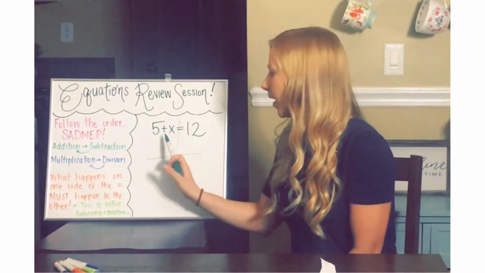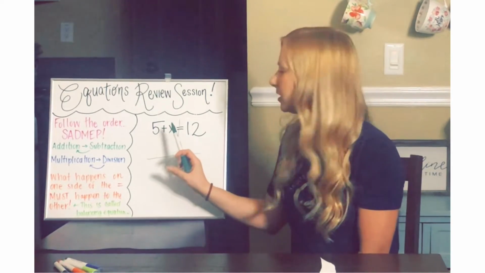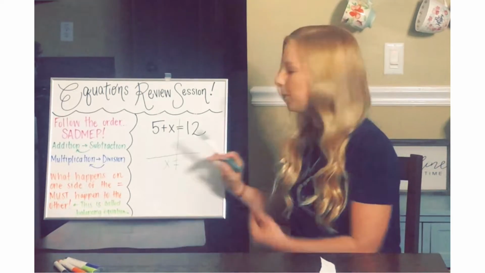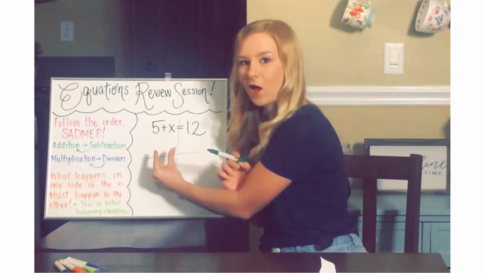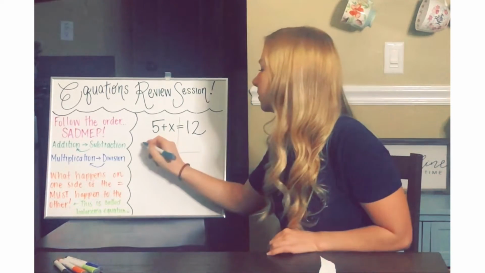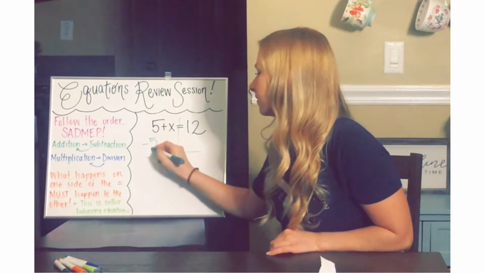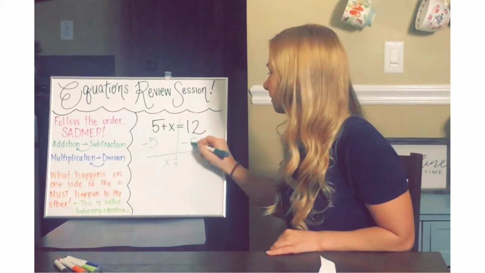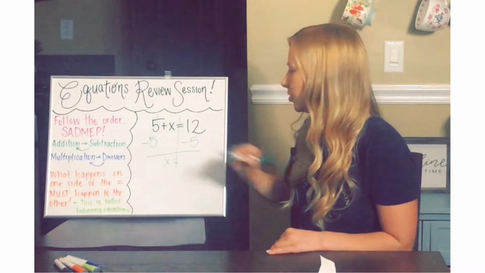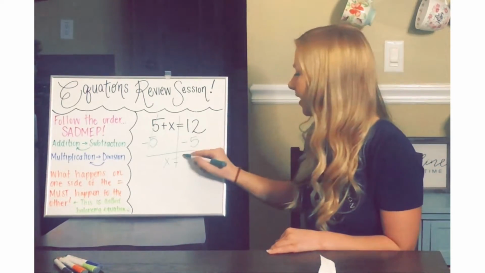We are trying to undo this addition, so to undo addition, we have to subtract. But we don't want to subtract our x because let's act like our x is stuck on this side of the equal sign. So instead of subtracting x, we will subtract 5 from both sides. These two cancel, and 12 minus 5 equals 7.